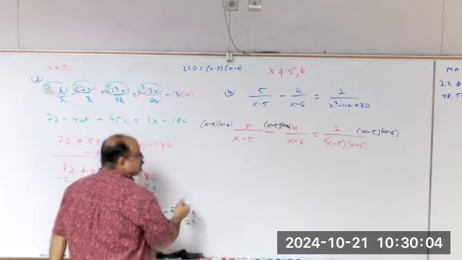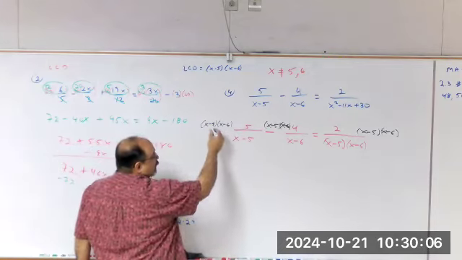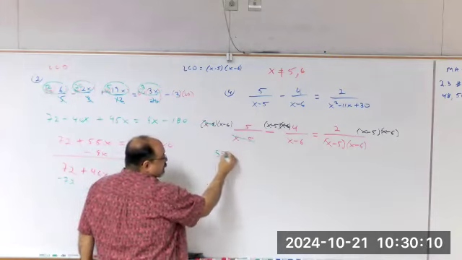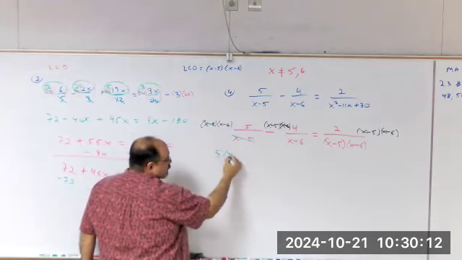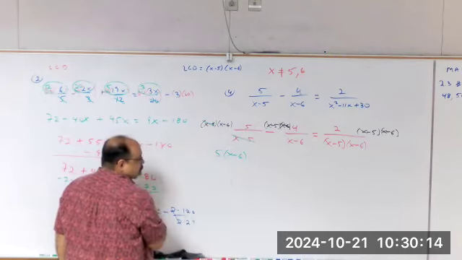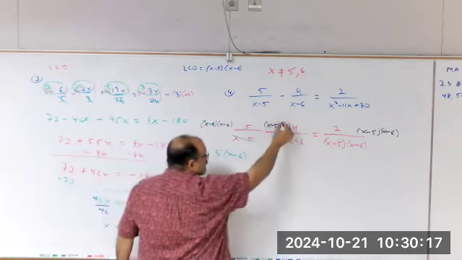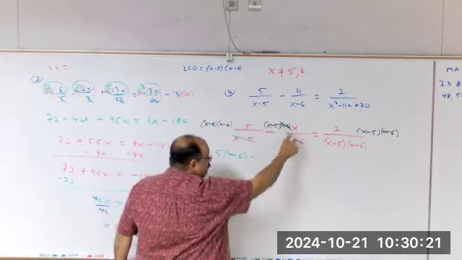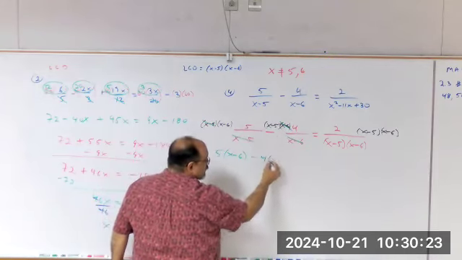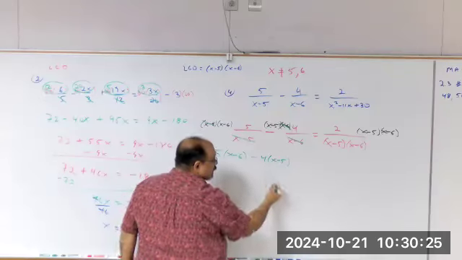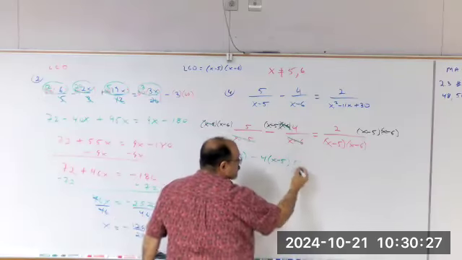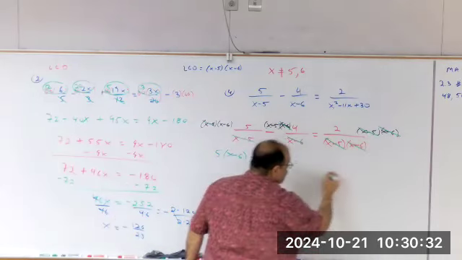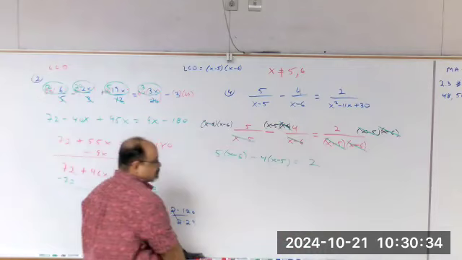So you can see what reduces. Over here, x minus 5 reduces, and we're left with 5 times that x minus 6. No more fraction. The x minus 6 reduces, and we're left with a minus 4 times that x minus 5, equal to, x minus 5 reduces, x minus 6 reduces, we're just left with a 2.